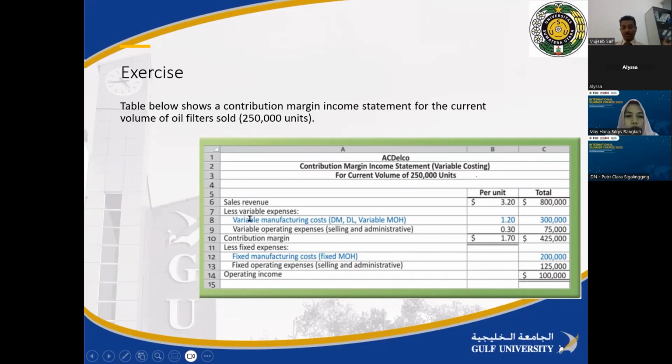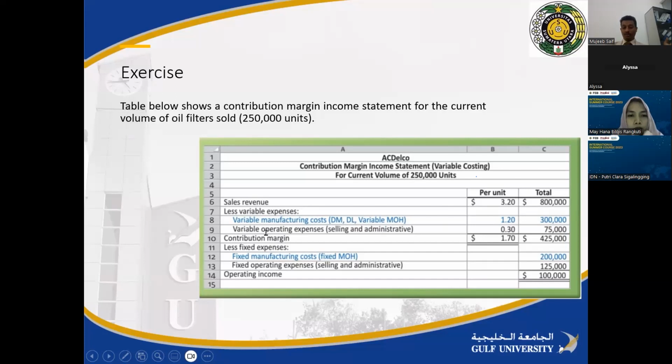So for the first one, variable manufacturing cost is 1.2 for each unit. Definitely it will be 300,000 in total. That means 1.2 multiplied by 250,000. So total cost will be 300,000.